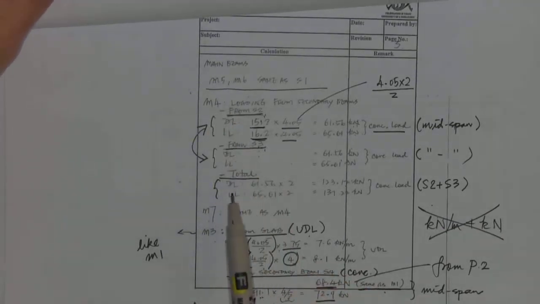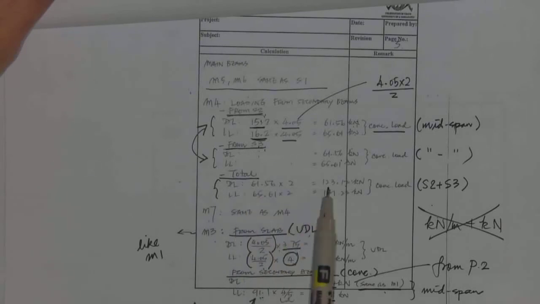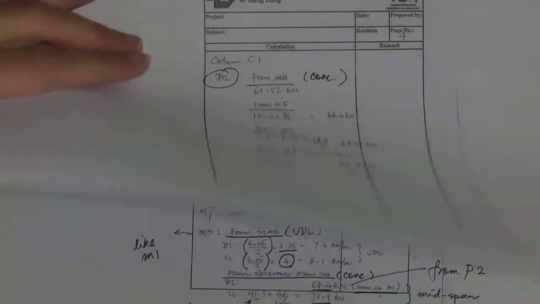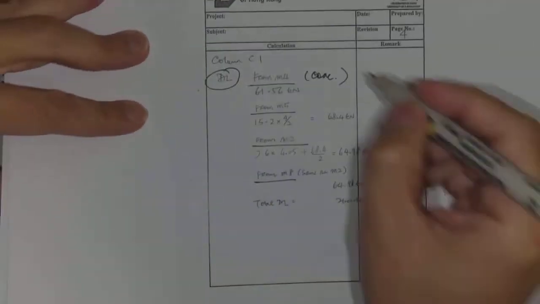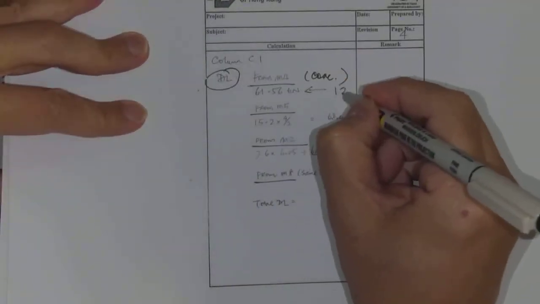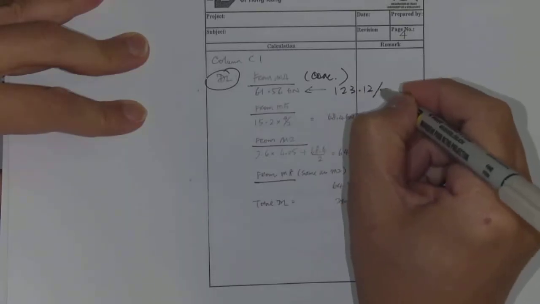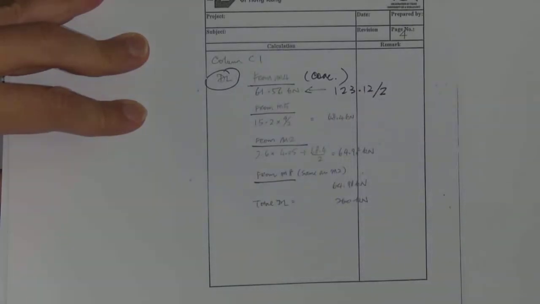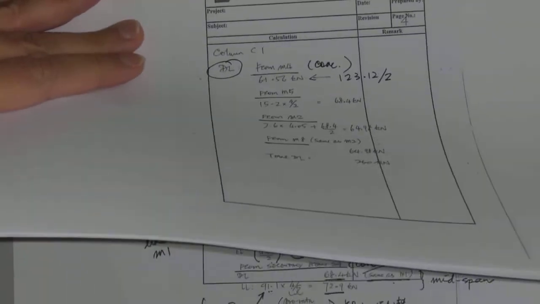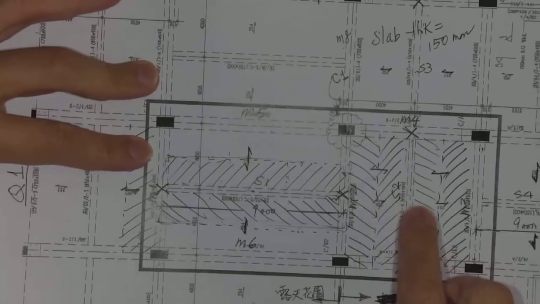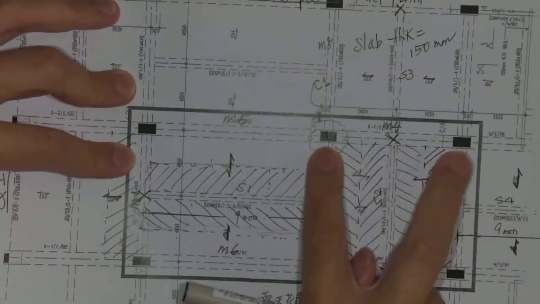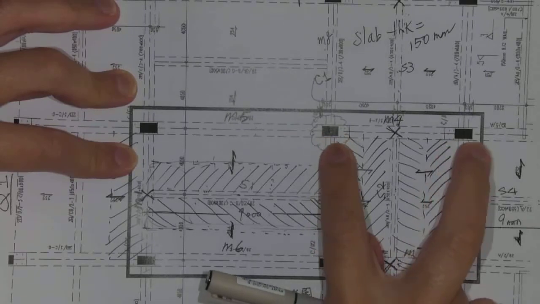M4 total dead load 123.12, M4 live load 131.22, concentrated. 123.12 is the dead load, so divided by 2 because it's equally shared between these two columns.